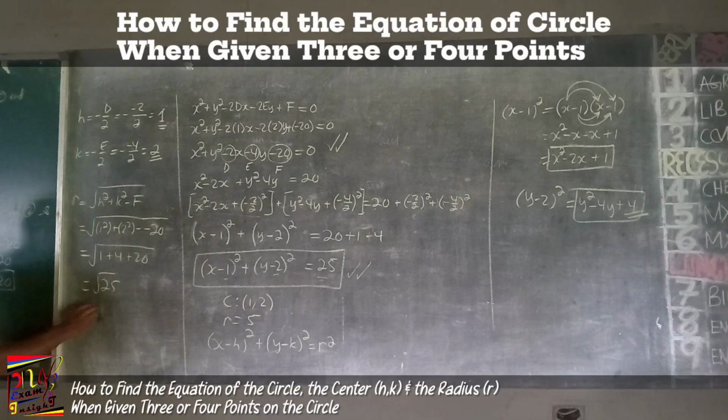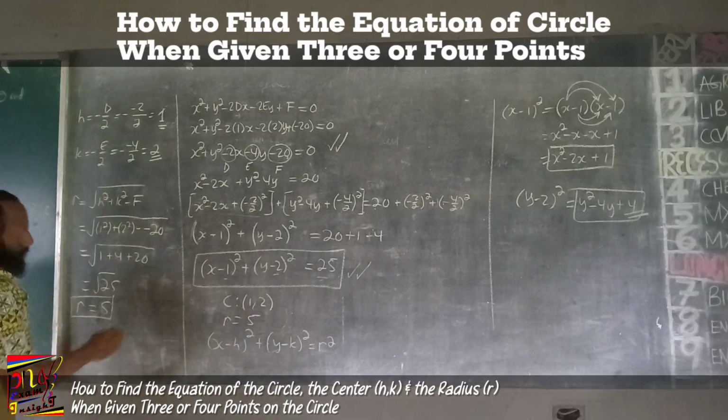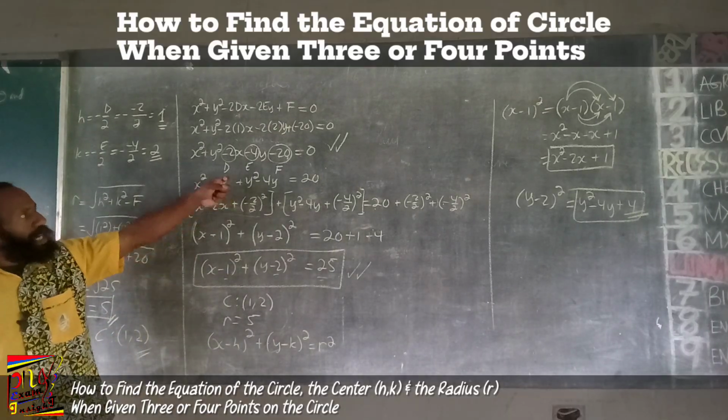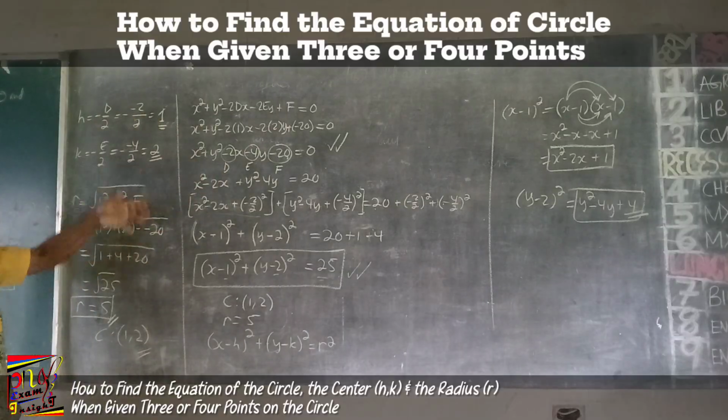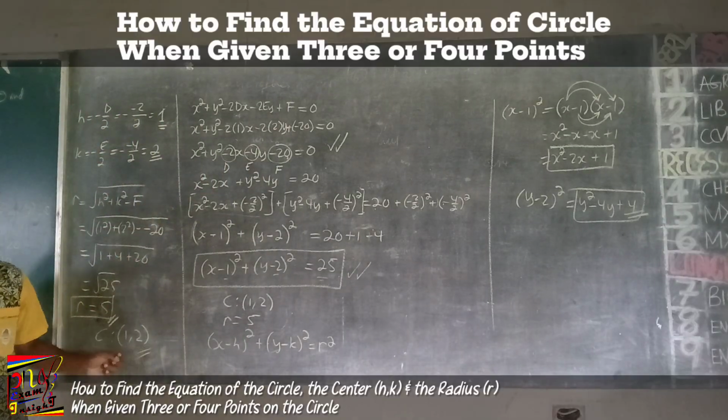So root 25 gives us 5. So therefore our radius is 5. And our center, which is the coordinate, is 1 and 2. So that's how, when you arrive at general form, you use h, k and r to find the center and radius.